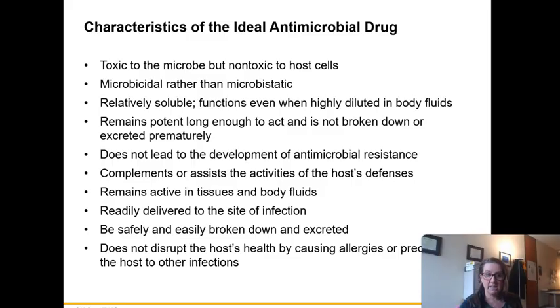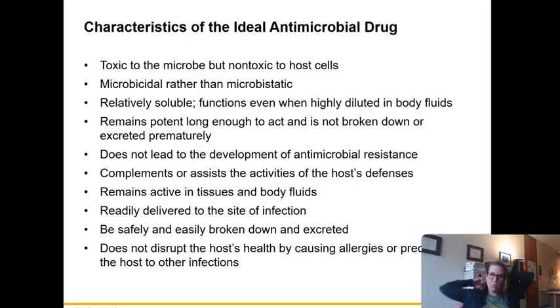All right, next. The antimicrobial drug should complement or assist the activities of the host defenses, right? So we have this incredible immune system. We've got the macrophages, we've got cytotoxic T cells, we have natural killer cells, and it goes on and on and on.